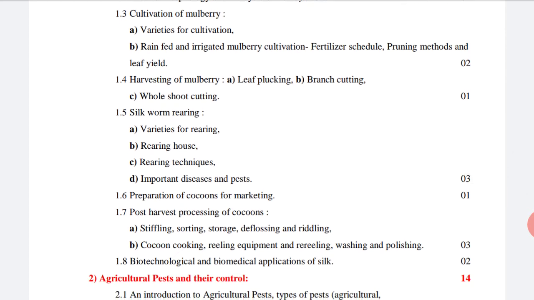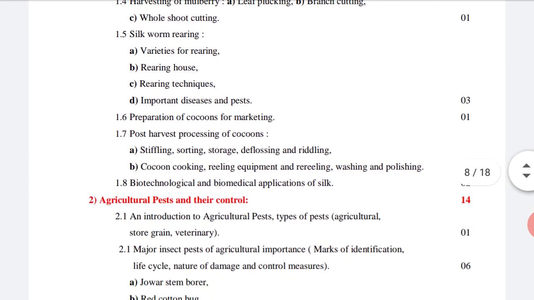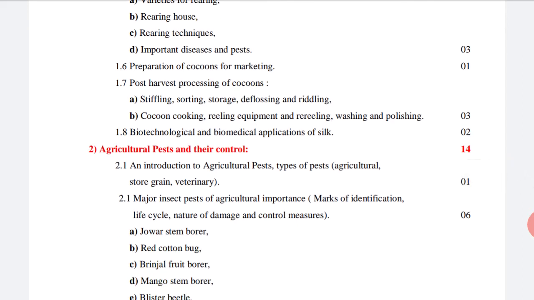Silkworm rearing: varieties of rearing house, rearing techniques, important diseases and pests. Sixth topic is preparation of cocoons for marketing. Seventh topic is post harvest processing of cocoons: stifling, sorting, storage, deflossing and riddling.